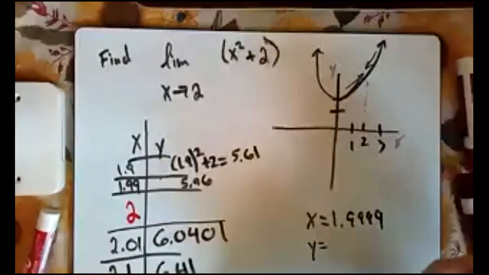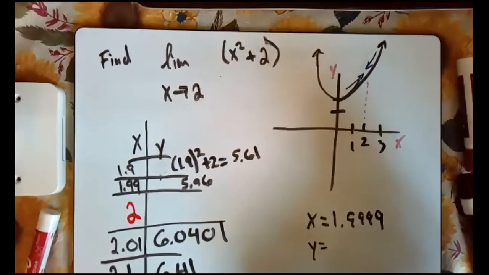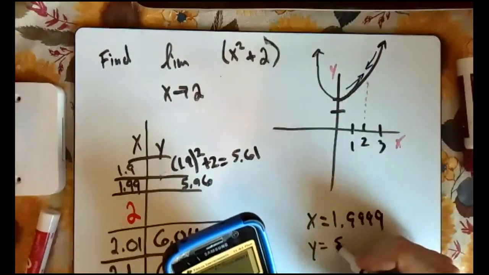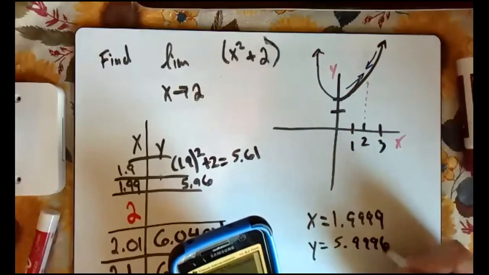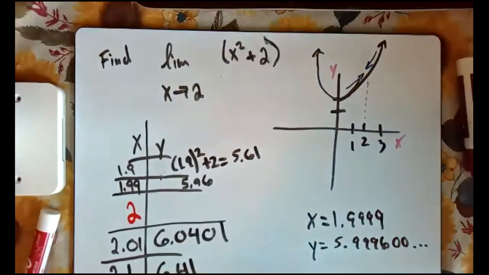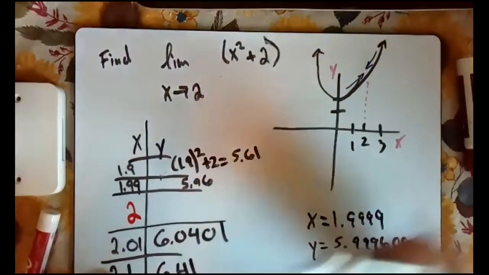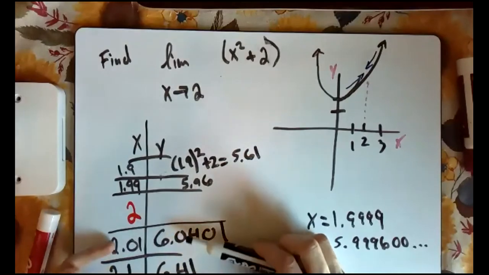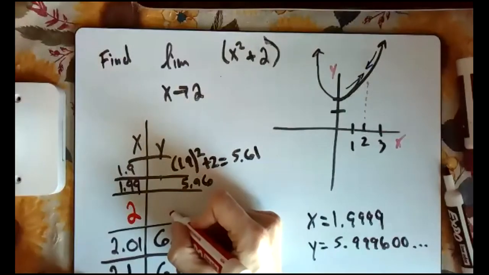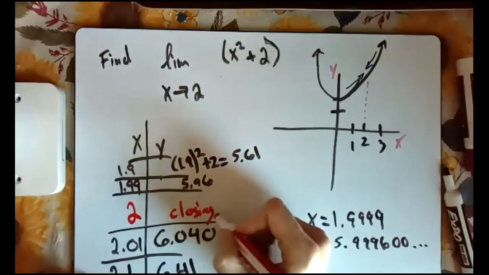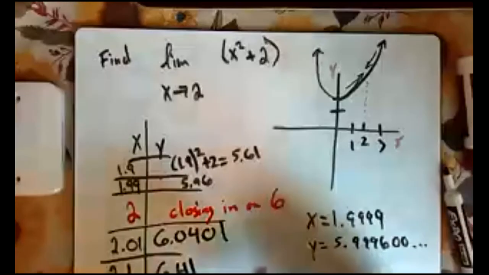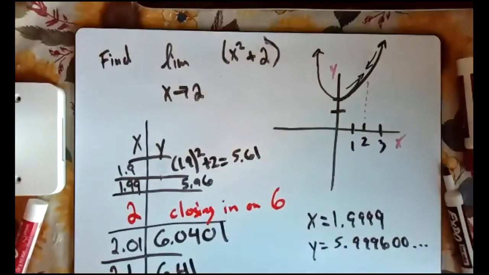Well, if I go ahead and throw that into the function, you'll see that we wind up with 5.99960, blah, blah, blah, like that. But if you notice, it's getting closer and closer to some specific value, just like approaching 2 from the right in this instance. It's getting smaller, but it's getting closer to some specific value. And it looks like it's closing in on 6, right?